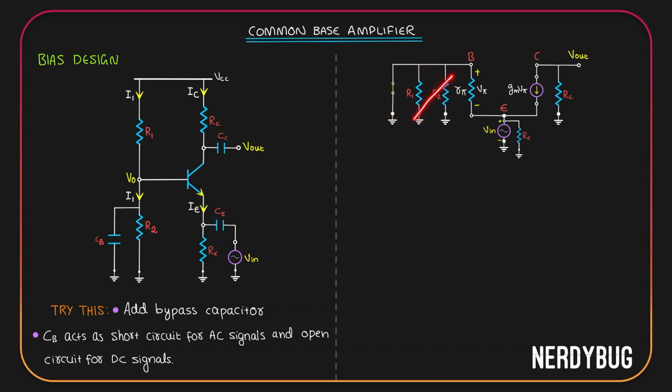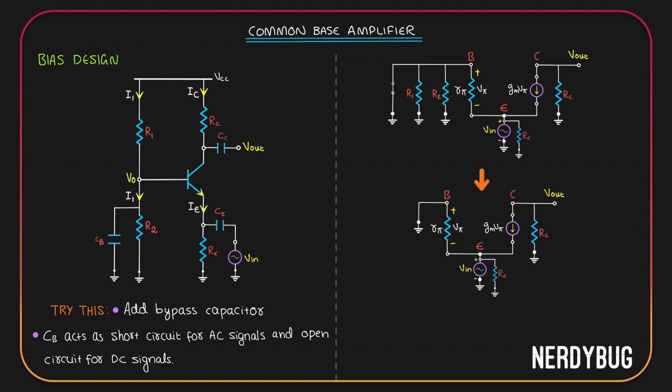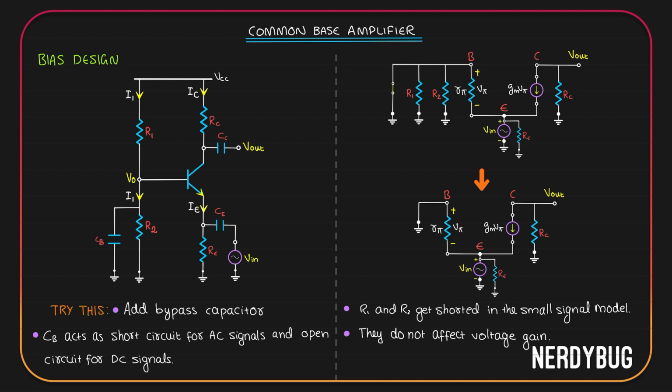So we can just remove both these resistors from the circuit model and show that the base is directly connected to the ground. The simplified version of the small signal model will be like this. Therefore, we can say that by adding the bypass capacitor, R1 and R2 get shorted in the small signal model and they do not affect the voltage gain anymore.